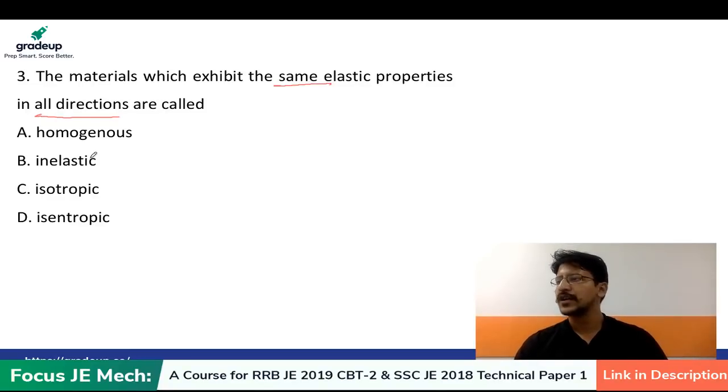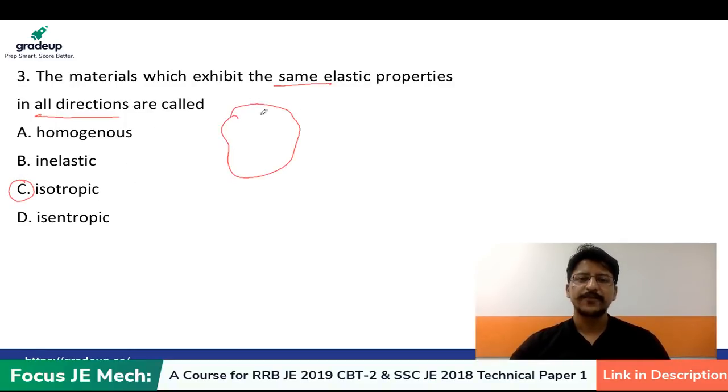So this question's answer is isotropic. If this is a material we are talking about, and this is the point we are considering, and in every direction the properties are the same, then that sort of material is known as an isotropic material.